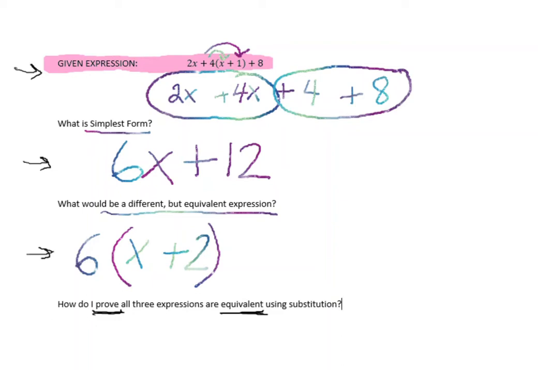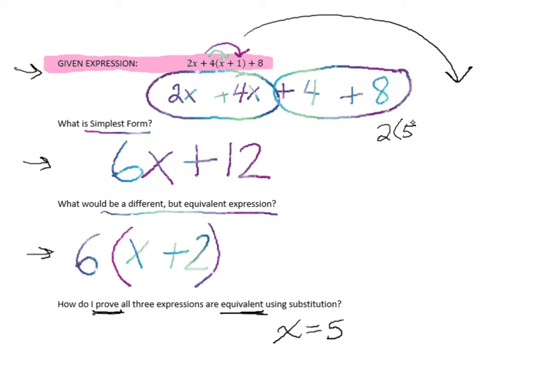So we can choose any number we want and it should produce the same value. So let's use the number 5. If x equals 5, to prove that they're equivalent, I would have to go back to each one of my expressions from the beginning and substitute 5 for x.